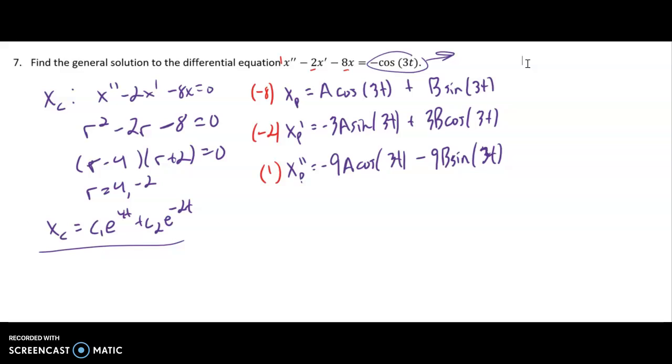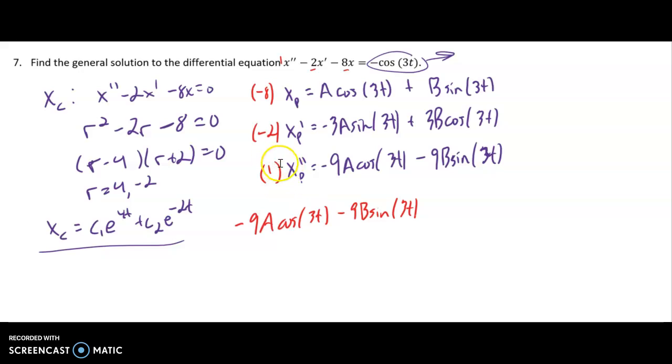So what do we get? I'm going to go in the order in which this is: this piece, then negative 2 times this piece, then negative 8 times this piece. I get negative 9a cosine of 3t minus 9b sine of 3t.